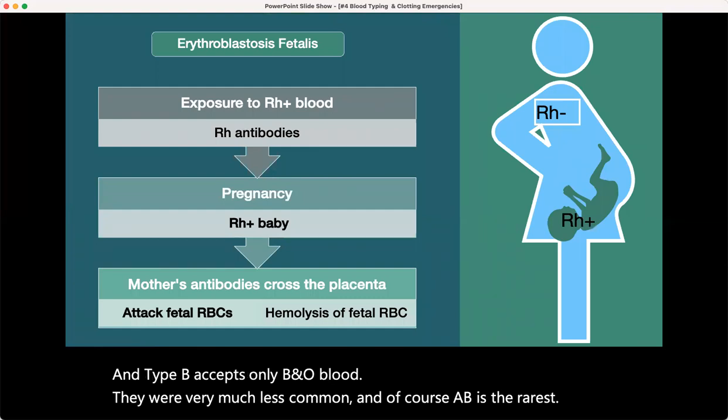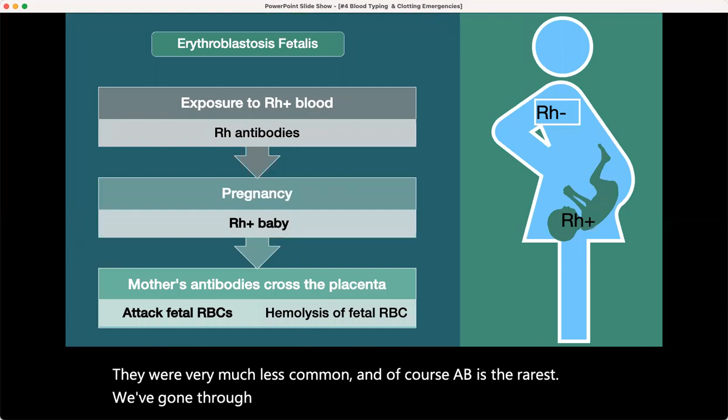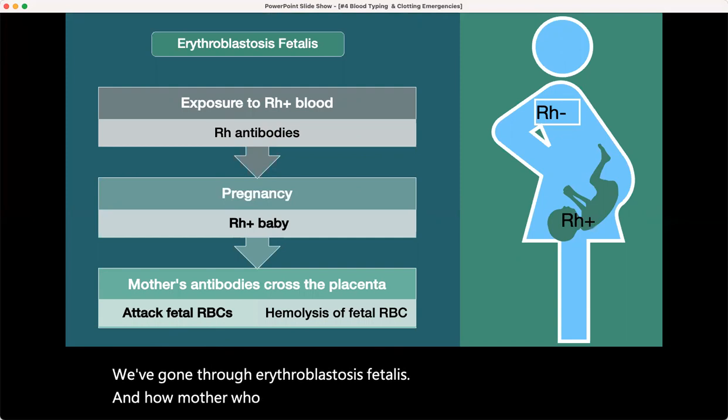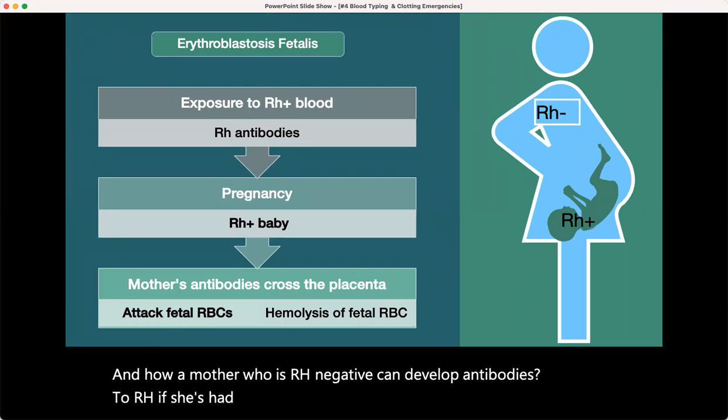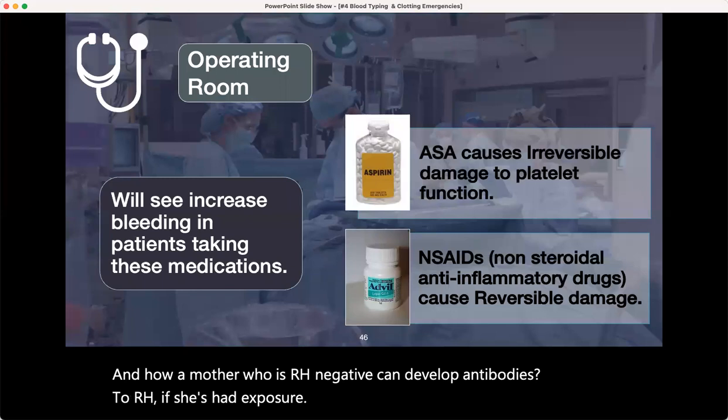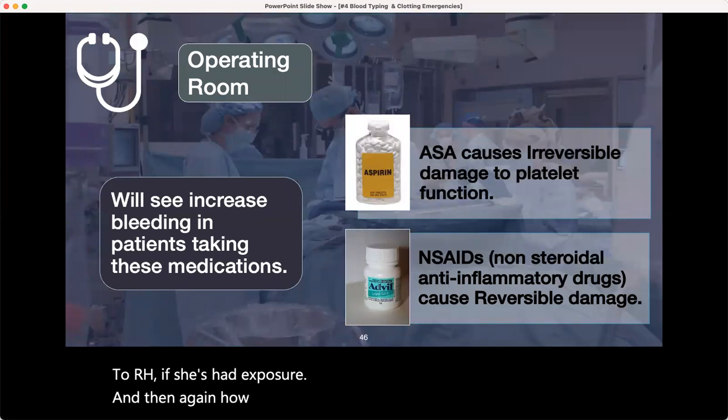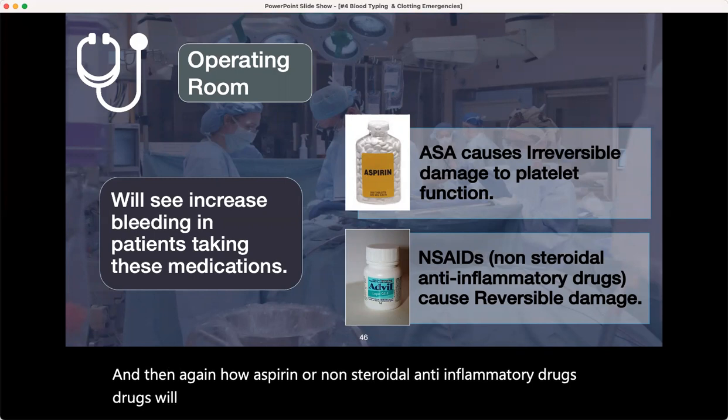We've gone through erythroblastosis fetalis and how a mother who is Rh negative can develop antibodies to Rh if she's had exposure. And then again, how aspirin or non-steroidal anti-inflammatory drugs will inhibit platelet function.